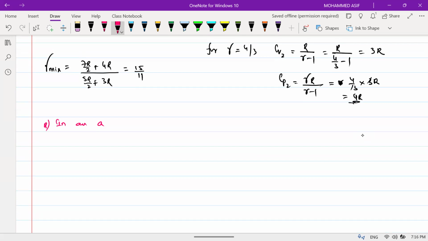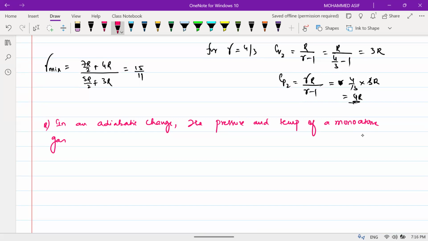In an adiabatic process, in an adiabatic change, the pressure and temperature of a monoatomic gas are related with relation P directly proportional to T power C, where C equal to how much?